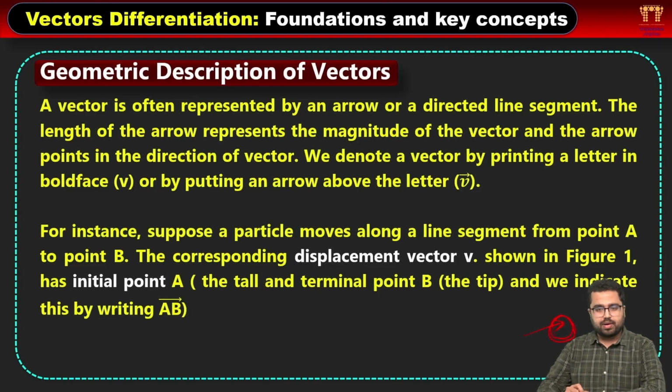Suppose a particle moves from A to B, and this is the vector V. We call this point A the initial point or tail of the vector, and we call this point B the final point or tip of the vector. So this is the geometric description of vectors.